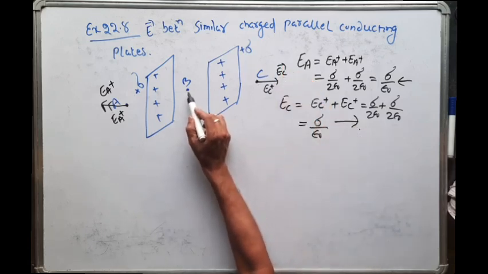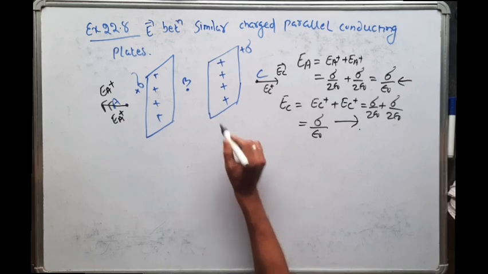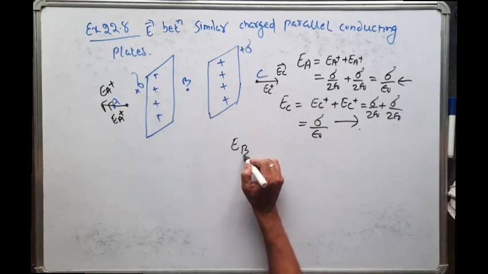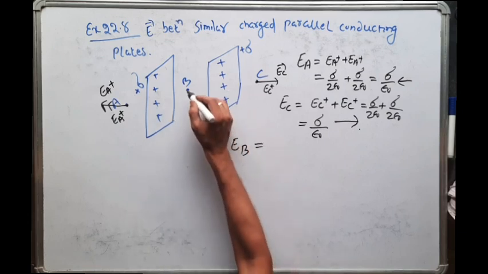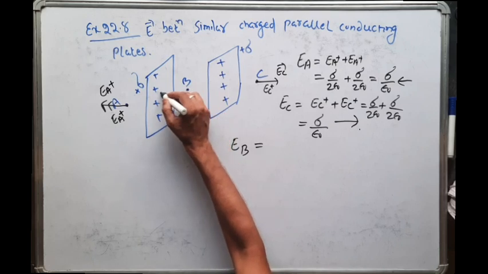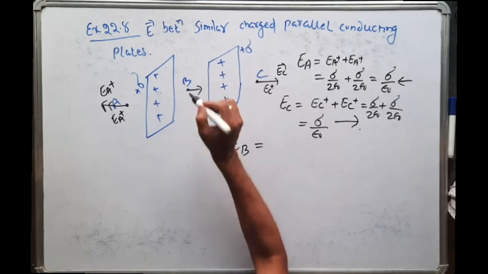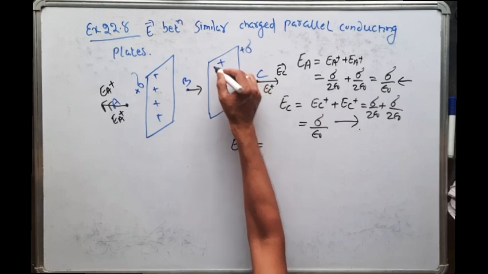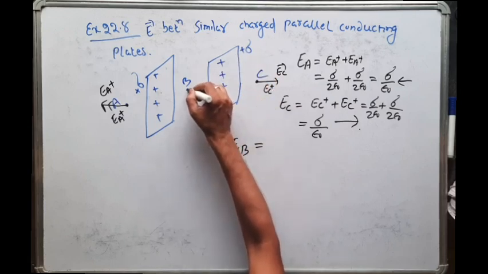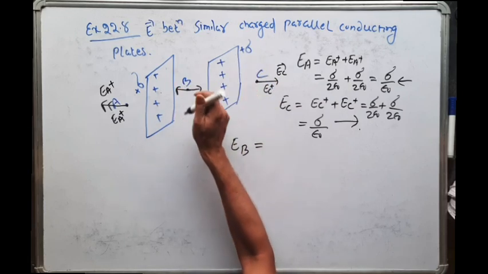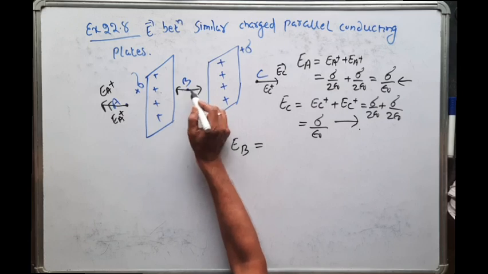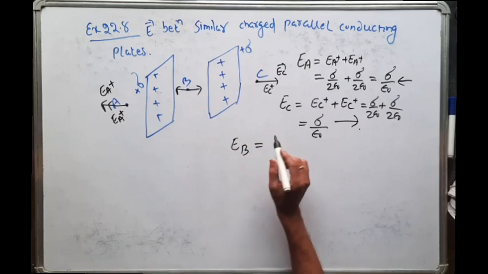Then what will happen to the electric field intensity in between these two plates, that is EB? Here the electric field intensity at B due to the first positive plate is towards right. And for this plate, the electric field intensity is away from this plate. So both are equal and opposite. What is the net electric field intensity?